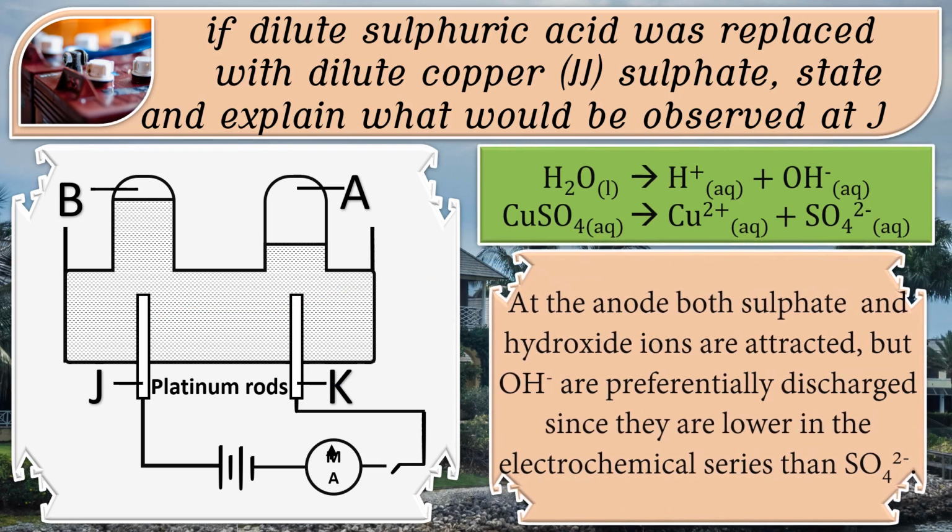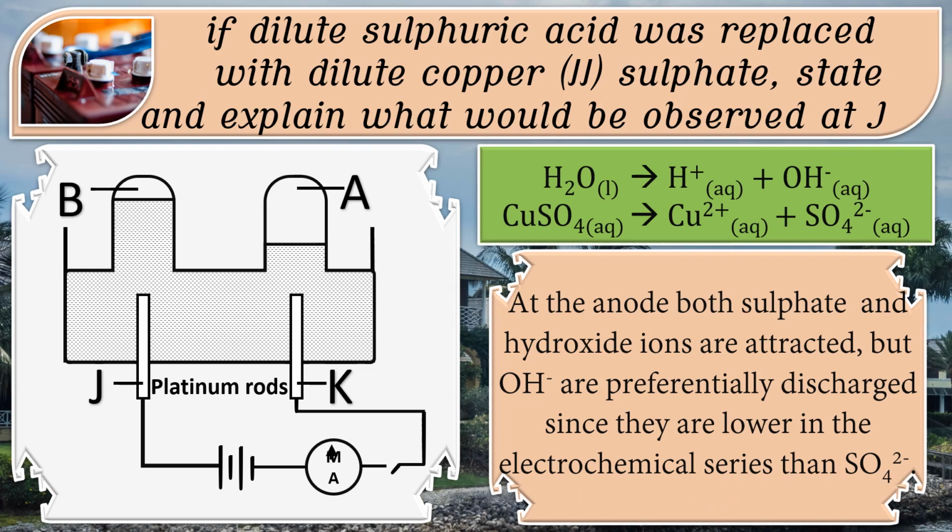At the anode, both sulfate and hydroxyl ions are attracted, but the hydroxyl ions are preferentially discharged since they are lower in the electrochemical series than sulfate.